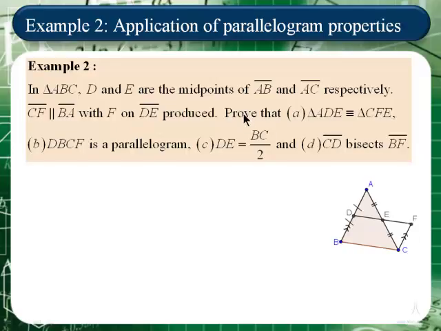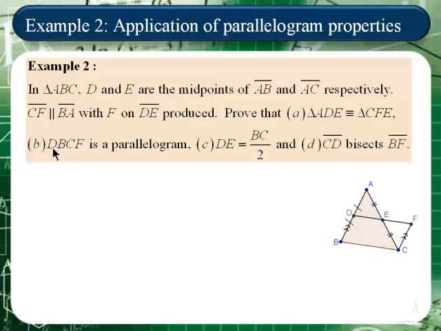So firstly you have to prove that triangle ADE, this little one here at the top, is congruent to this little triangle here at the bottom right, namely triangle CFE.